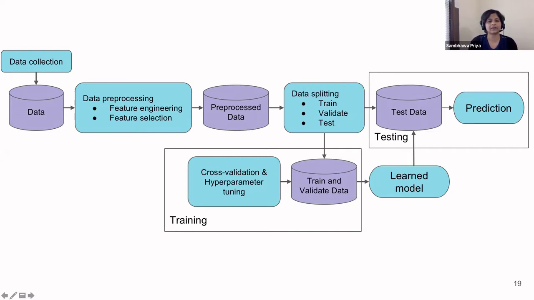We train and validate, and we get the learned model as a result of training. Then we use that to predict on the test data, to get the different types of predictions. So that's the overall overview.